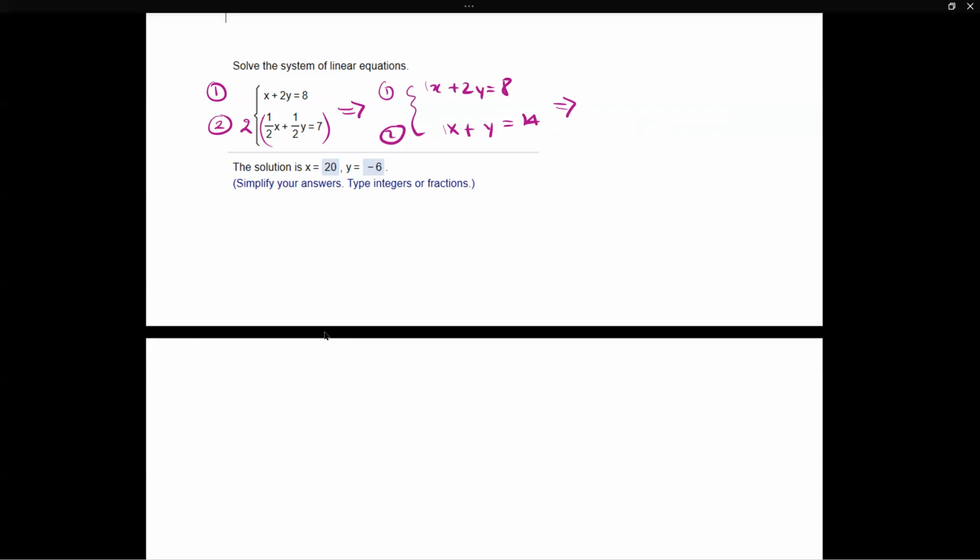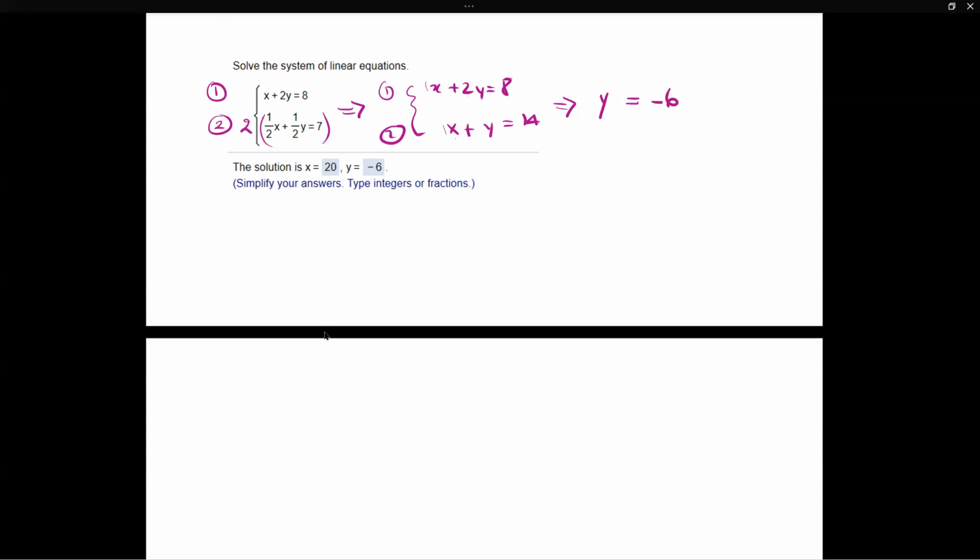So x minus x gives 0x, and 2y minus y gives y. And if we subtract the right side, 8 minus 14, we should get -6 for y.